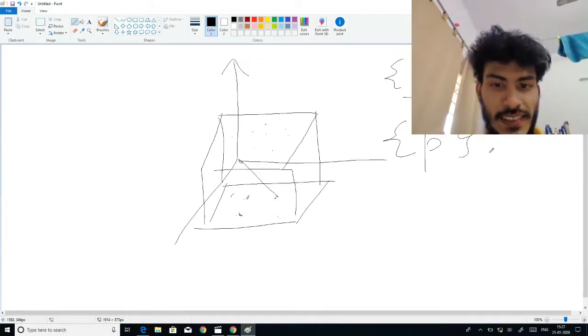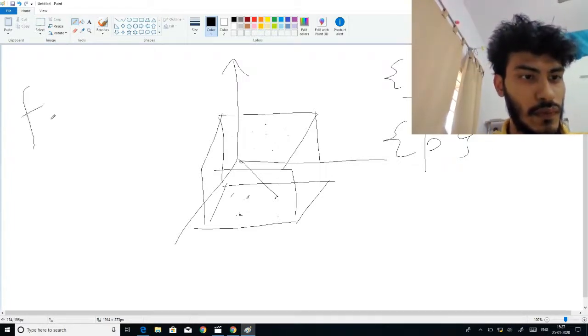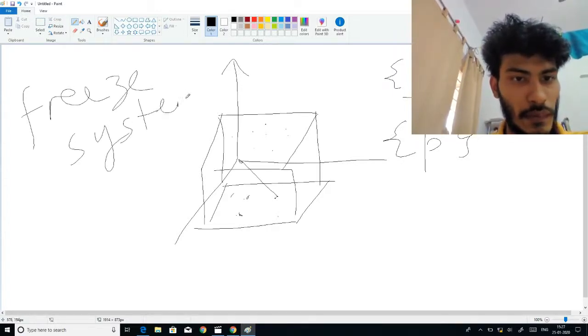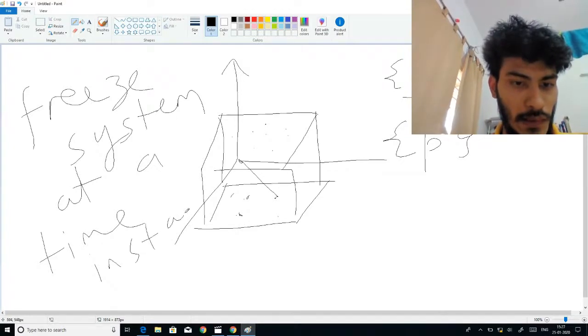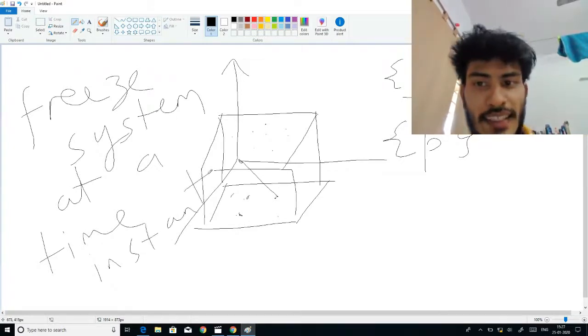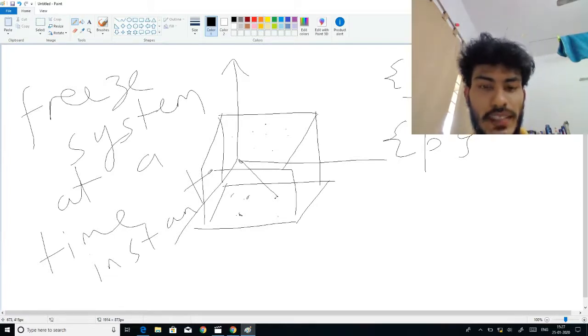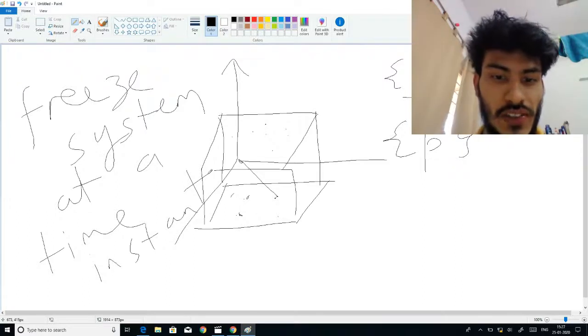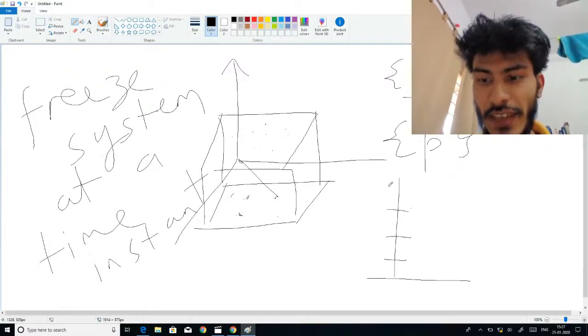Now if you freeze the system at a particular time instant, and then we go and measure the energy of each particular particle in this box, we are going to find that each of these particles is in a particular energy level.